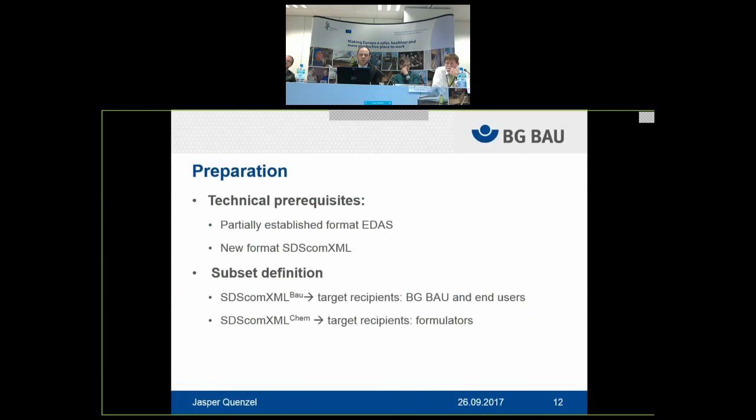But our second prerequisite was that we didn't want to exchange the full safety data sheet, but only a subset, because the main motivation was that it's far too difficult to exchange the whole safety data sheet in one go, especially if nothing like this has ever been done before. We had the impression that it would be far easier to just exchange a subset, and this was feasible because we had very specific target recipients for the data.